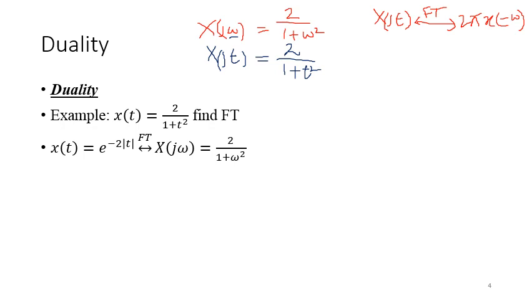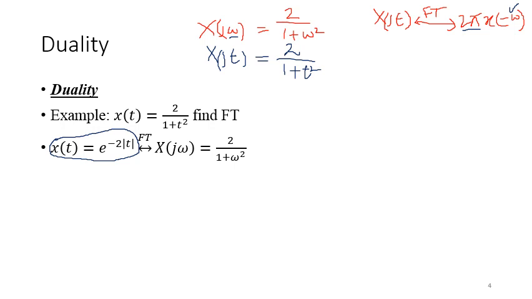Now because this one equals this, from here we get this signal. To find the Fourier transform of this is simply scaling the signal by 2 pi and replacing t by minus omega. In this case, this is your x of t.